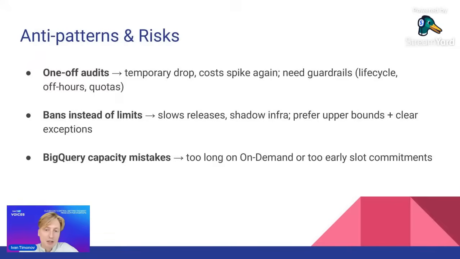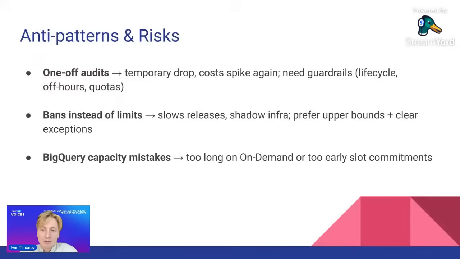Now let's highlight a few of the most expensive anti-patterns. One-off audits instead of continuous rules. Doing a one-time cleanup of virtual machines or buckets gives you a nice downward curve for a week or two, but then everything comes back without permanent guardrails like cloud storage lifecycle policies, off-hours schedules, or quotas.